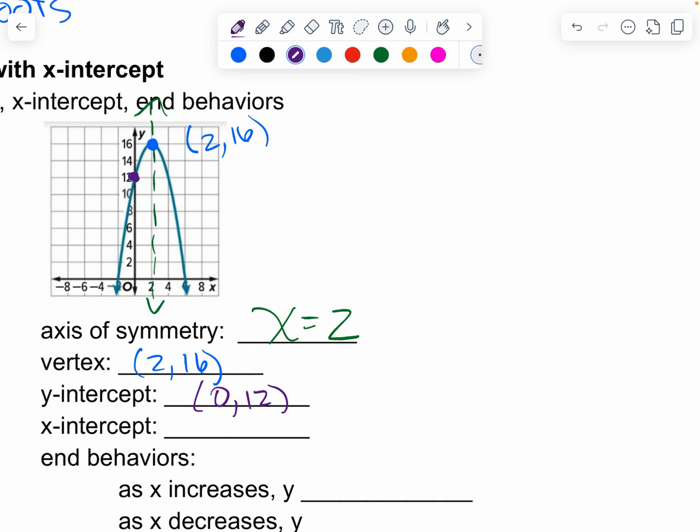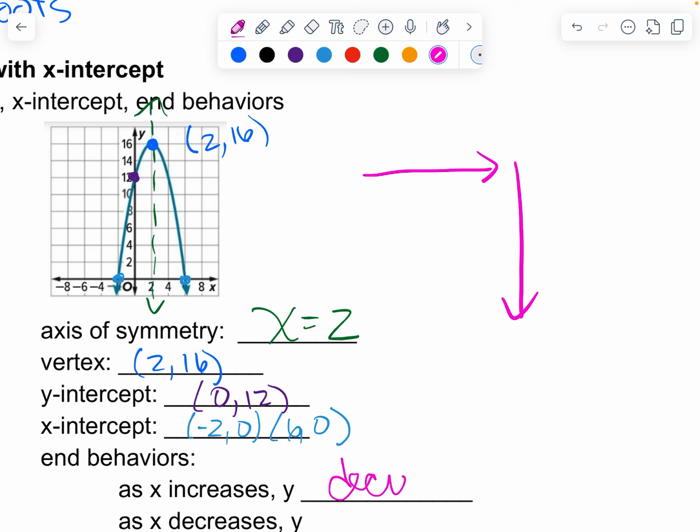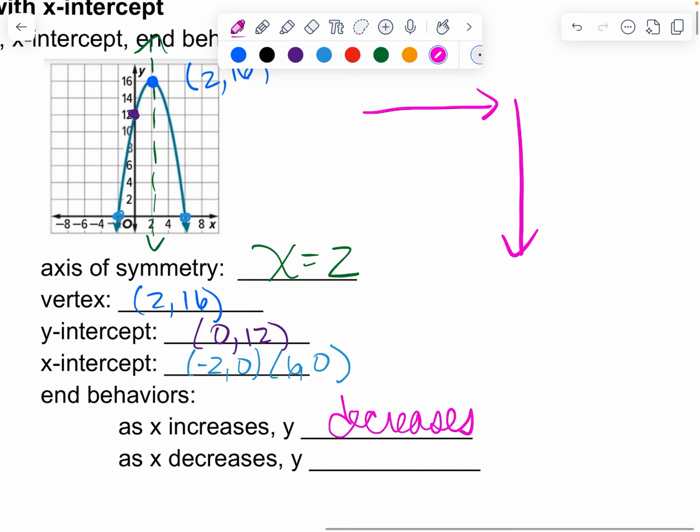Then it says the x-intercepts are right here and right here. So that's the point -2, 0, and 6, 0. Again, as the x's are getting bigger, the y's are getting smaller, so they decrease. As the x's get smaller, the y's are also getting smaller.